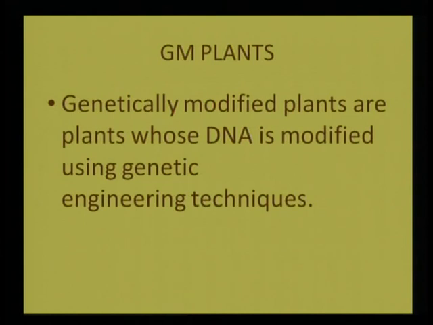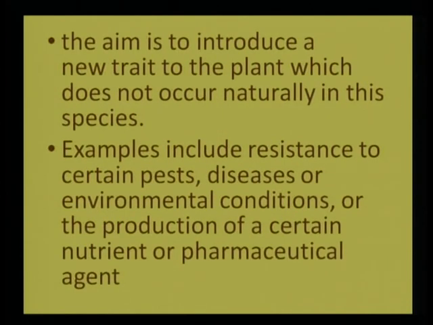After microorganisms, we have to focus on genetically modified plants also. Such plant materials are those whose DNA is modified using all the techniques which we have discussed earlier. What is our aim, why produce this type of genetically modified plant? It is to give some extra characteristics which are not naturally observed in plants, according to our wishes.